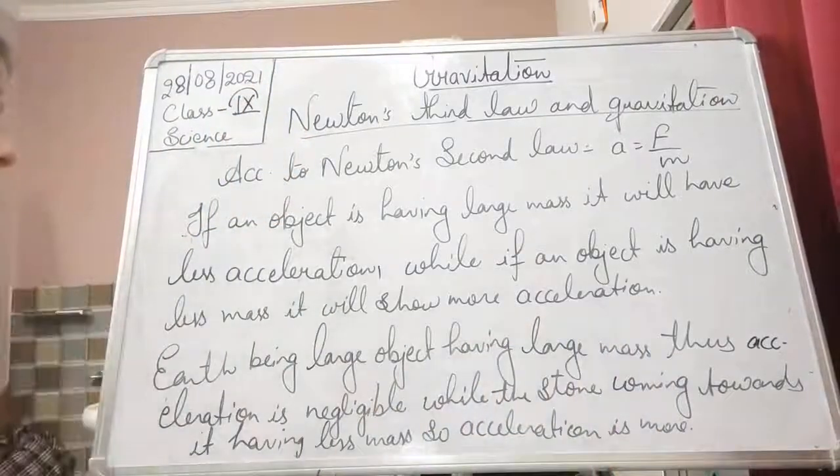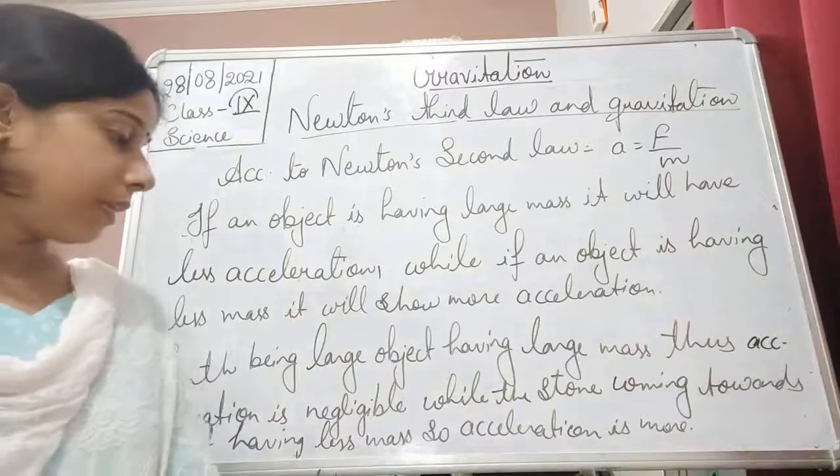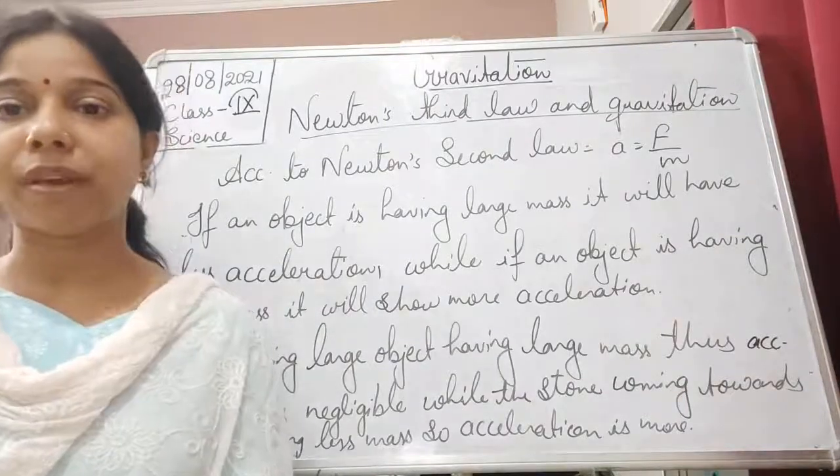Okay, so since it is coming towards the earth, its acceleration is more because of less mass.